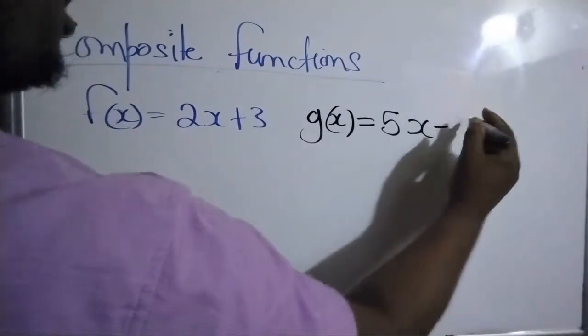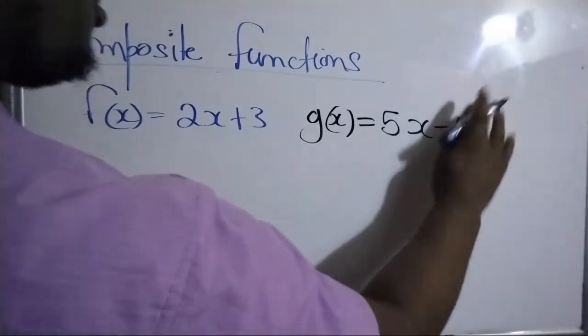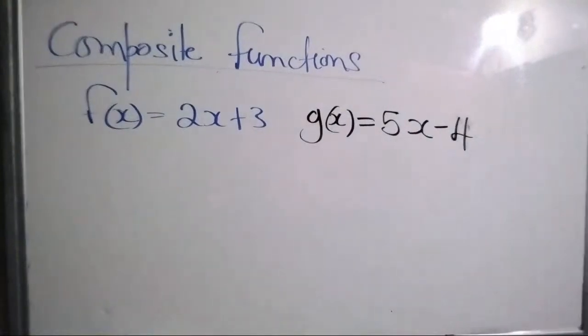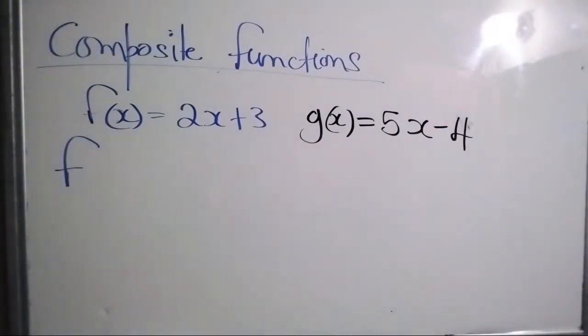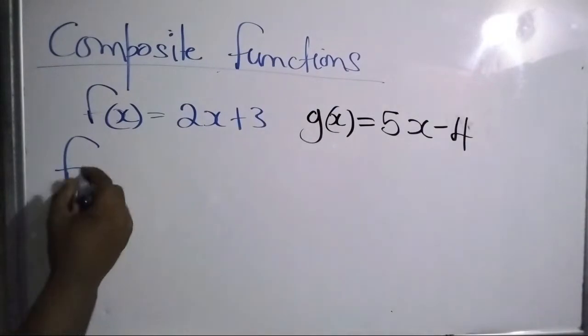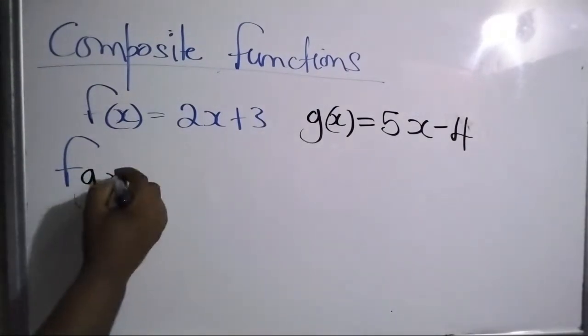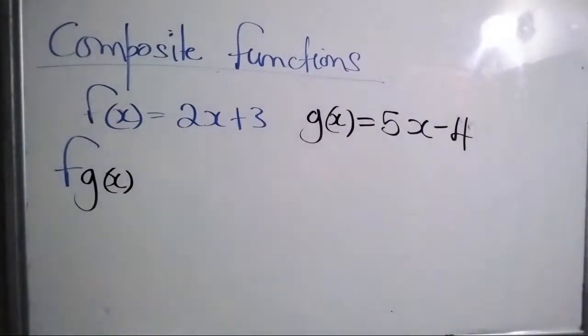I don't want to use the same number, so everyone can see the clarity. And we're going to combine fg, so we're going to find fg of x. And in 2 minutes, everyone on my live and everyone on my playback is going to say, I can do composite functions, and it will be true.